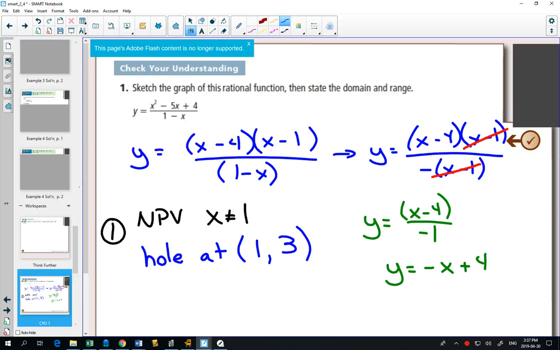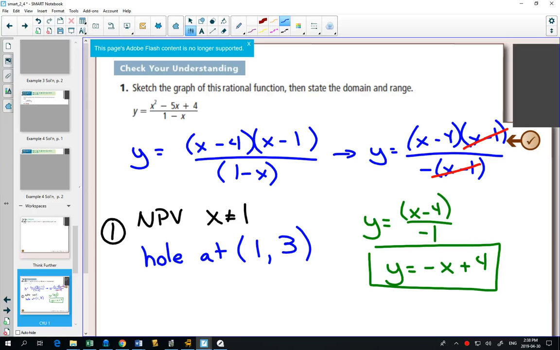We plug it into our new equation. And whenever you have a hole in your graph, you now go and graph the new equation and add the hole. So when we look at our new equation, it's no longer a rational graph. Do you know how to graph y equals negative x plus 4? Yes, it's a straight line. We don't have to do any more steps for this question. We can just go and graph that directly.